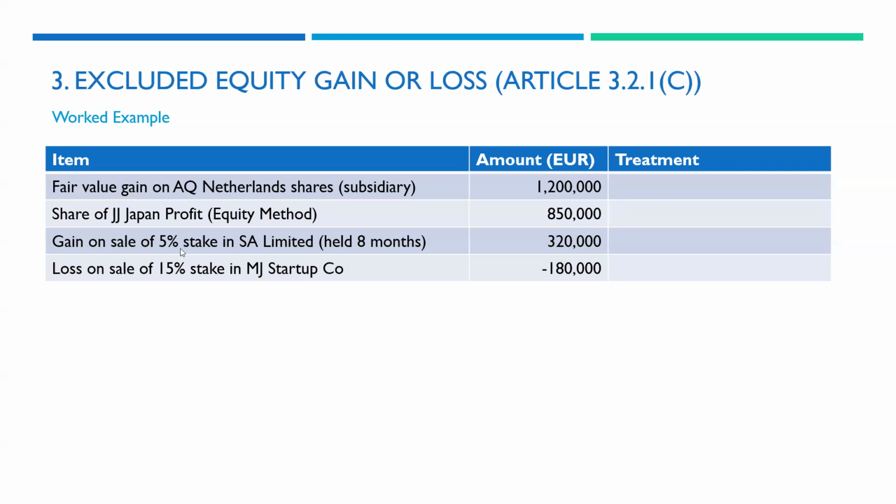Now, gain on sale of 5% stake in SA Limited. I held it for only 8 months. What should I do? Exclude or not? I sold. This is disposal. Number 3.